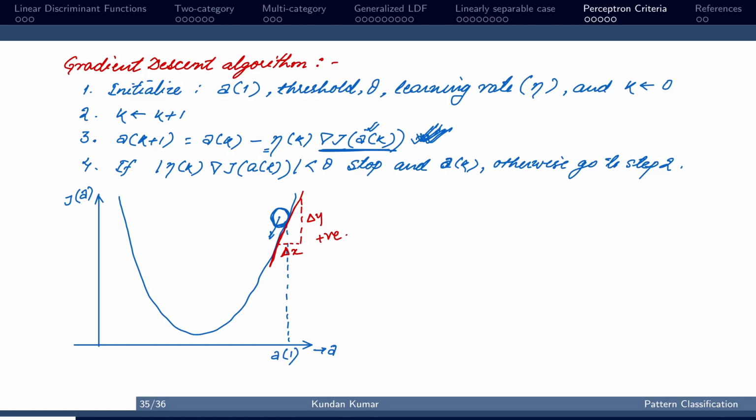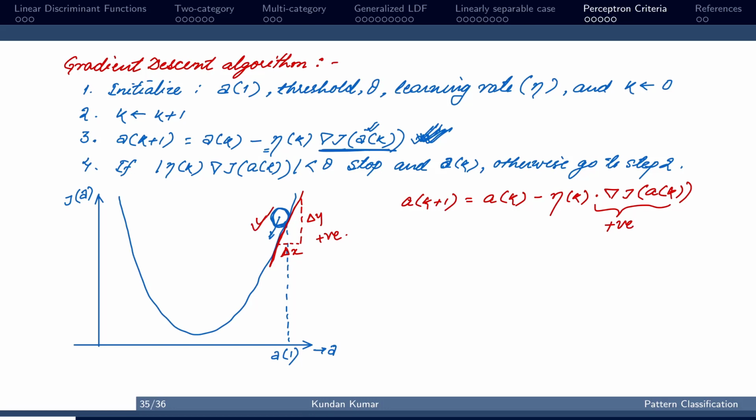When we update the weight vector, we subtract eta k into the gradient of J at w k, and this value is positive for this location.